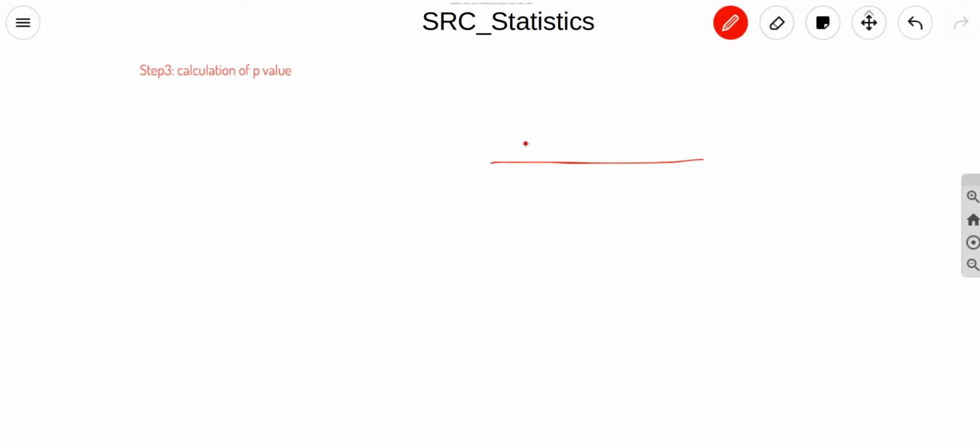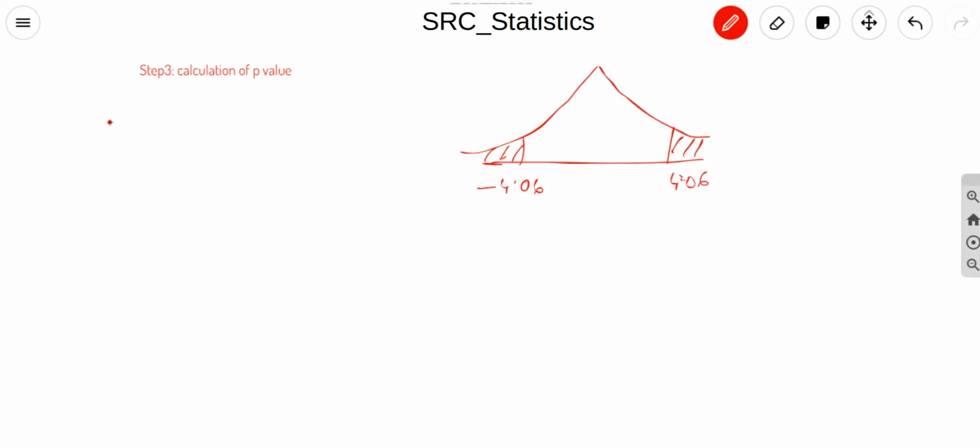We know that the test is two-tailed. That means p-value will also be at both tails of the T distribution. Now the value of test statistic is negative 4.06. So p-value will be left side of negative 4.06 and the right side of positive 4.06.